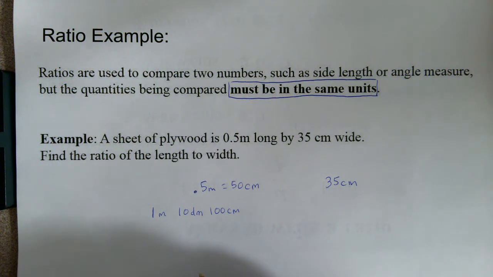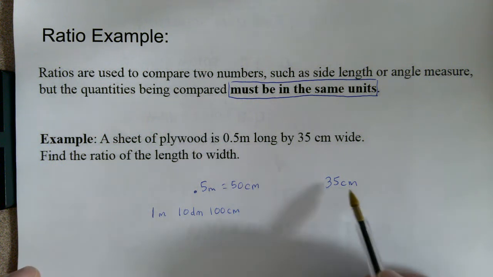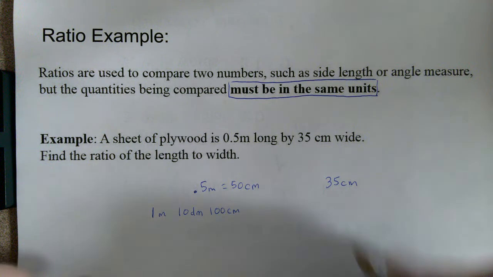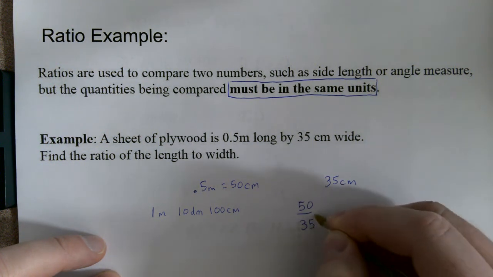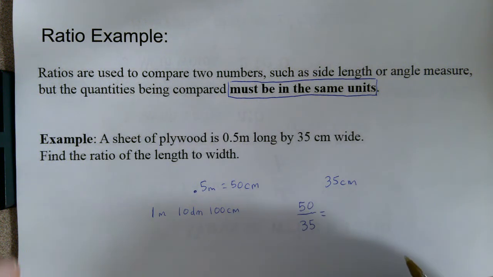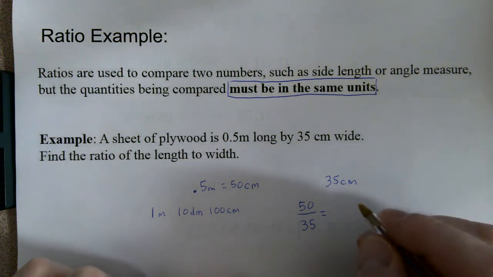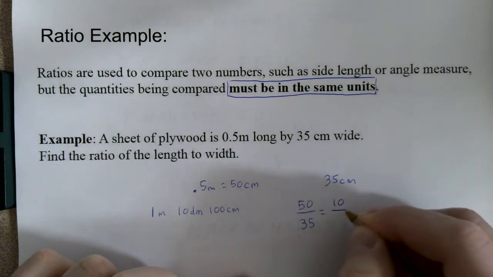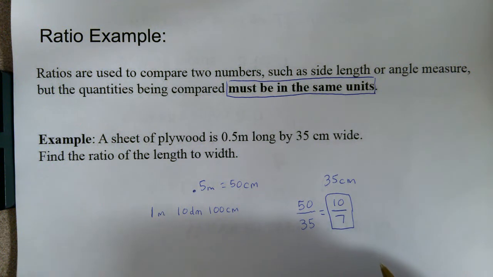Now it wants me to write a ratio of the length to the width. So 50 centimeters is the length and 35 is the width. 50 over 35. If I reduce that, can somebody tell us what 50 over 35 would reduce to? Aiden, go ahead. 10 over 7. And that would be my ratio if I were leaving it in fraction form.